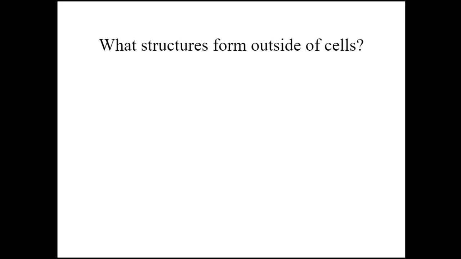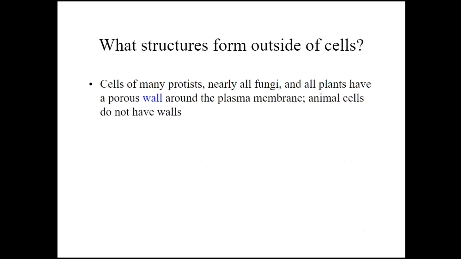We talk a lot about what cells are made of and what's in cells, but so much of what happens in our bodies is actually based on things that leave cells, that are exited from cells. So what structures form outside of cells? When we talk about a cell wall, that's formed on the exterior of the cell membrane.